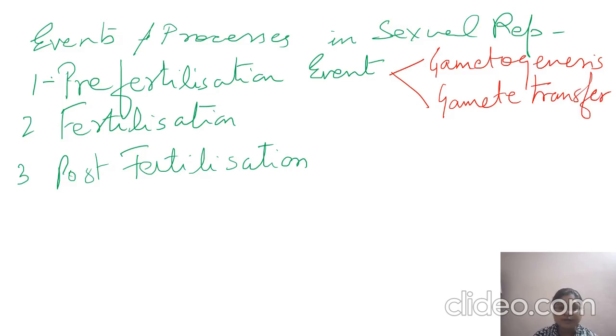Then fertilization is there, that is the fusion of gametes. Under that category we will also look at how fertilization could be both external and internal. It is of two types: external fertilization and internal fertilization.